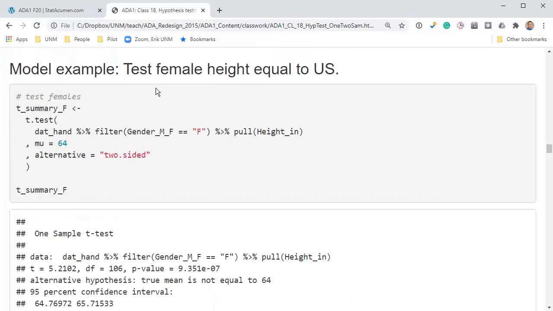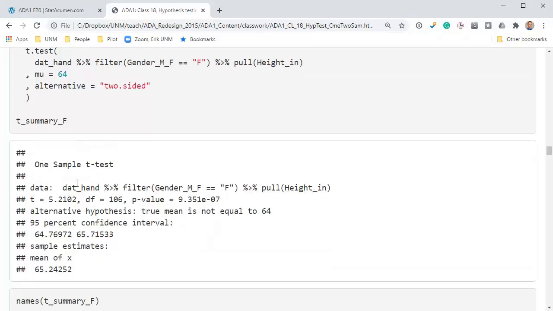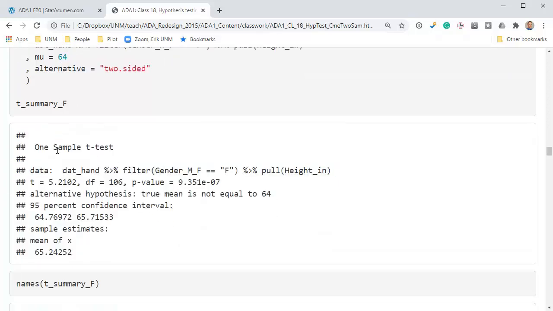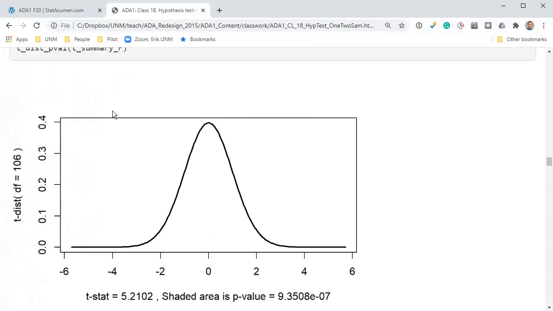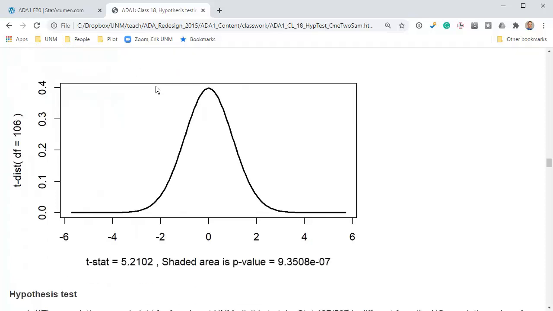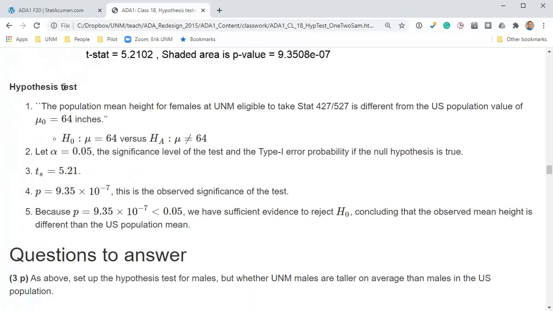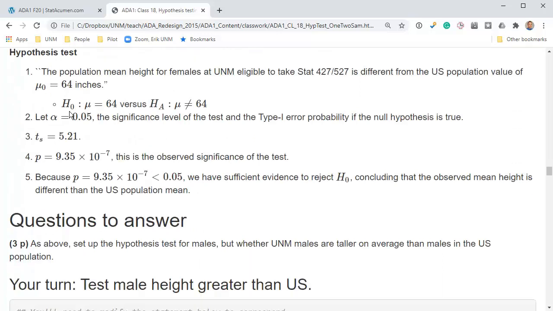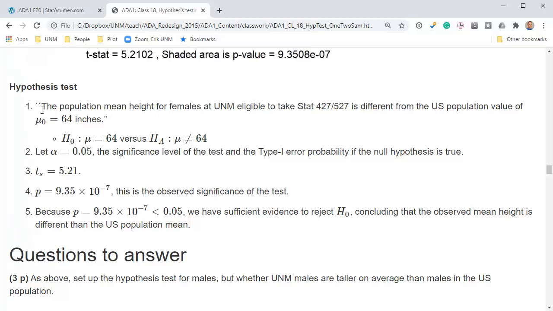The way I've done this is I wrote the code to conduct the hypothesis test, whose output is here, and I've got even a plot that I produced from a function that I wrote that's in that ADA functions.r that you sourced at the beginning of the code to make a plot. And then this is where you would, in the next example, fill in the results for the hypothesis test.